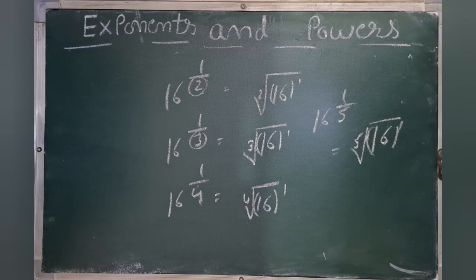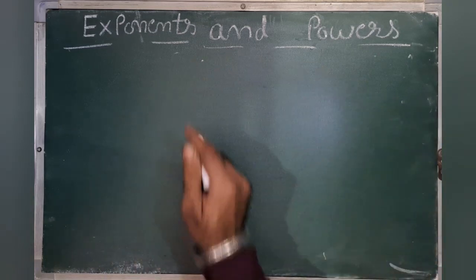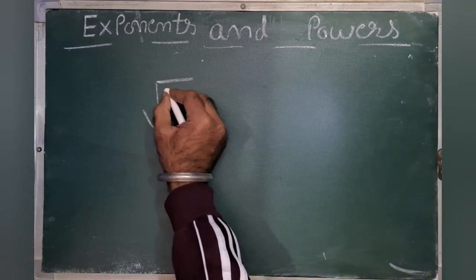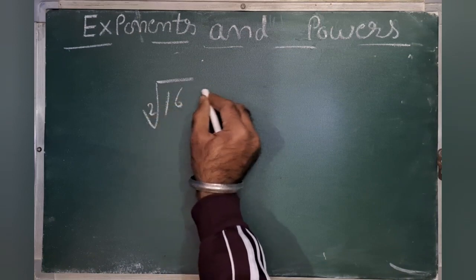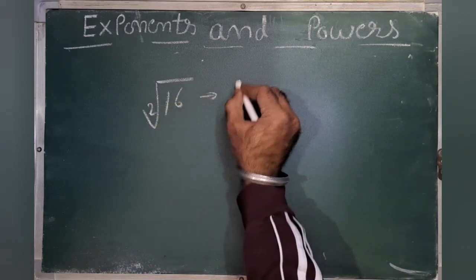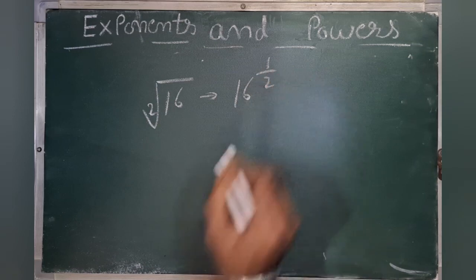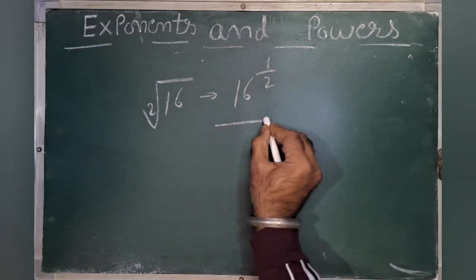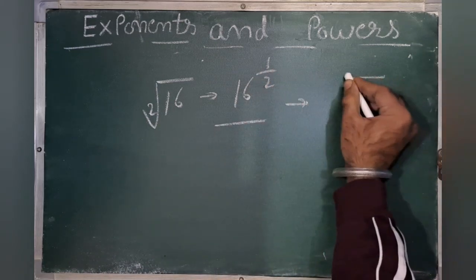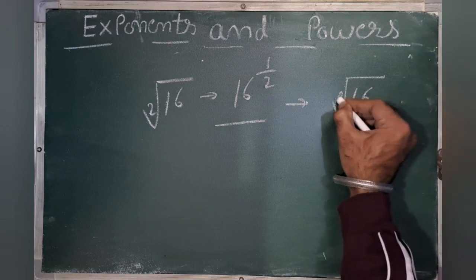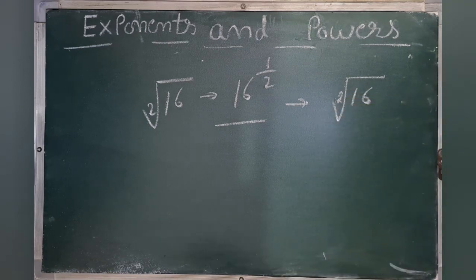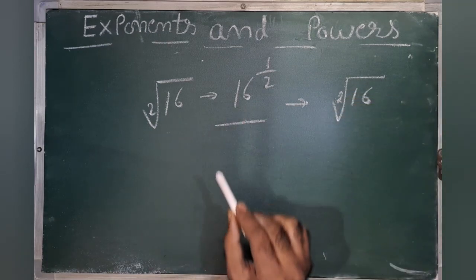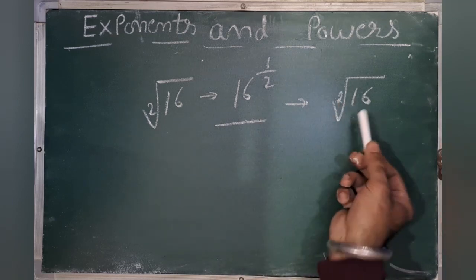So if this type of question is given, how can we write this? We can write 16 power 1/2. If 16 power 1/2 is given, then we can write it in this form. So it depends on our question. Sometimes we have to convert into this, otherwise we have to convert into this again.